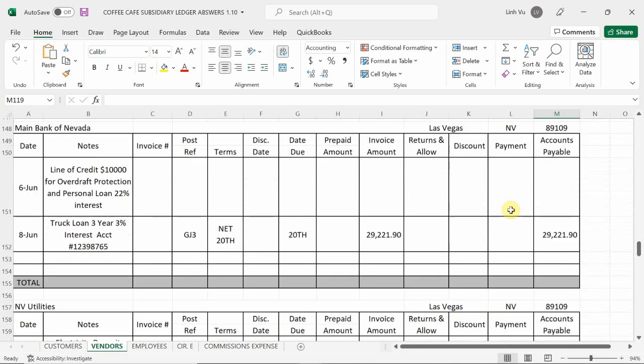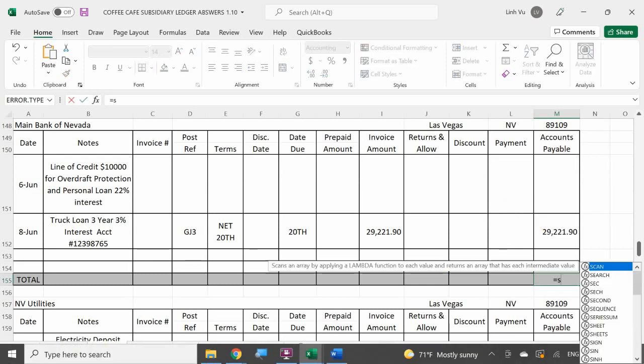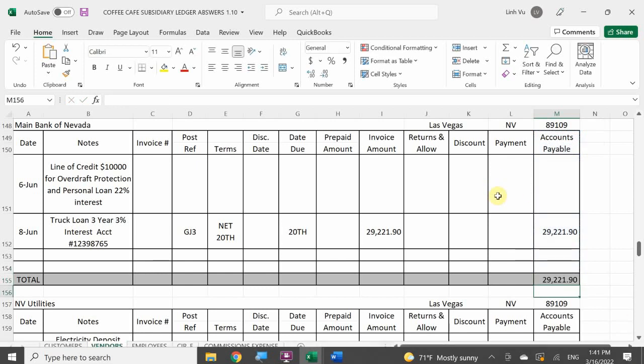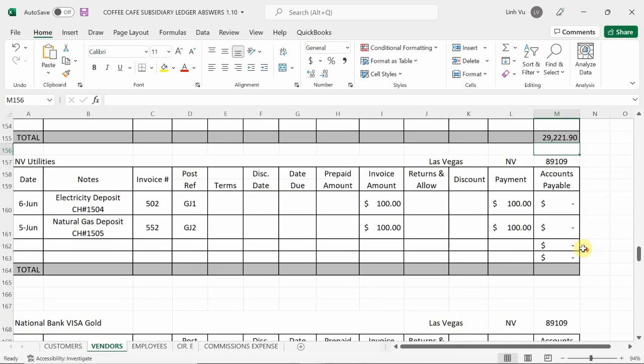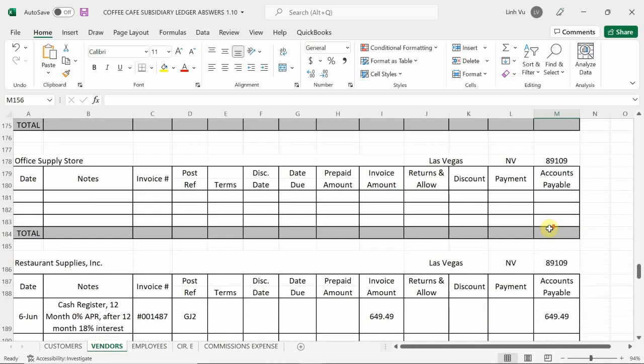So as you can see, this column is supposed to add up everything that you owe. Ooh, I didn't even owe for my bank yet. Equal sum. I owe my main bank Nevada $29,221. Okay. And here I owe them nothing there, and so on and so forth.